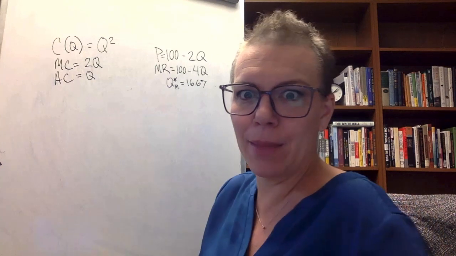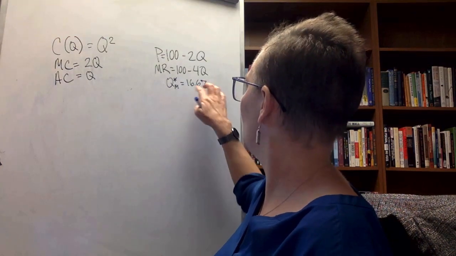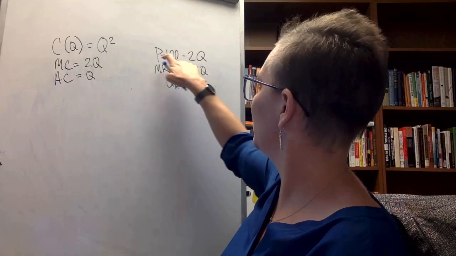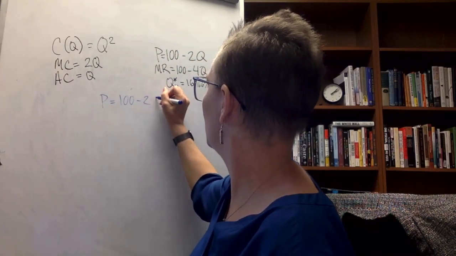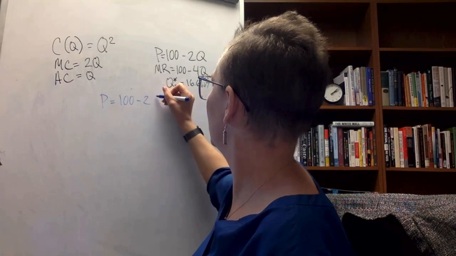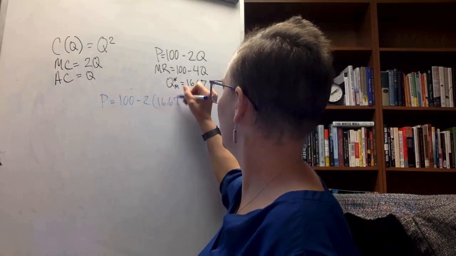Now we want to find the price. So we put this quantity back into the inverse demand function to get the price. So P equals 100 minus 2Q, where Q is 16.67.